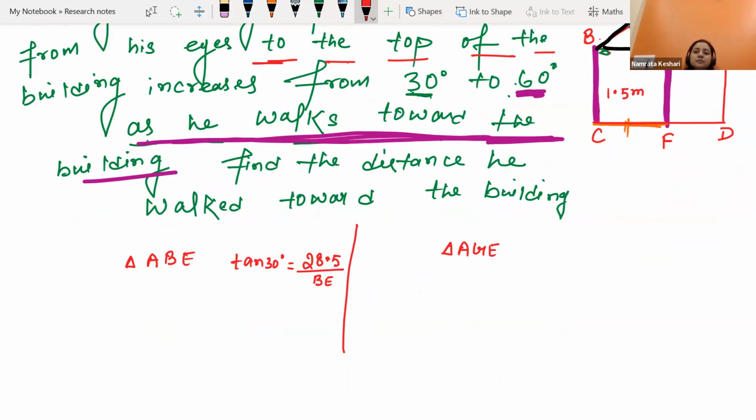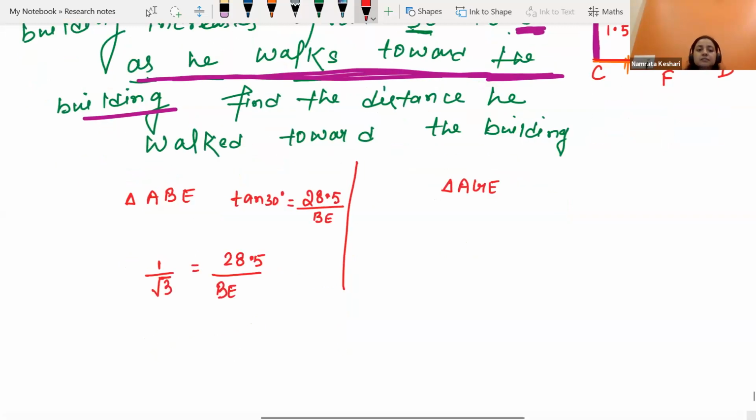Tan 30 is 1 by root 3, equal to 28.5 by BE.